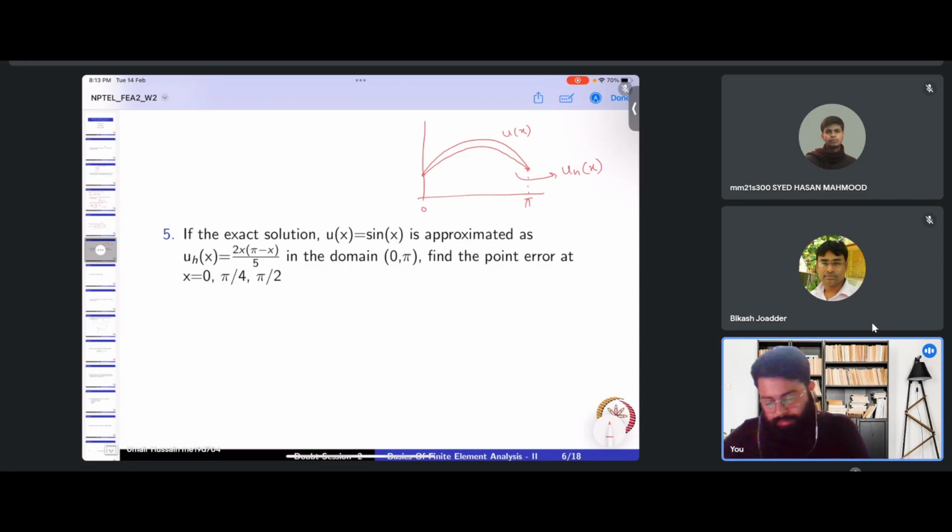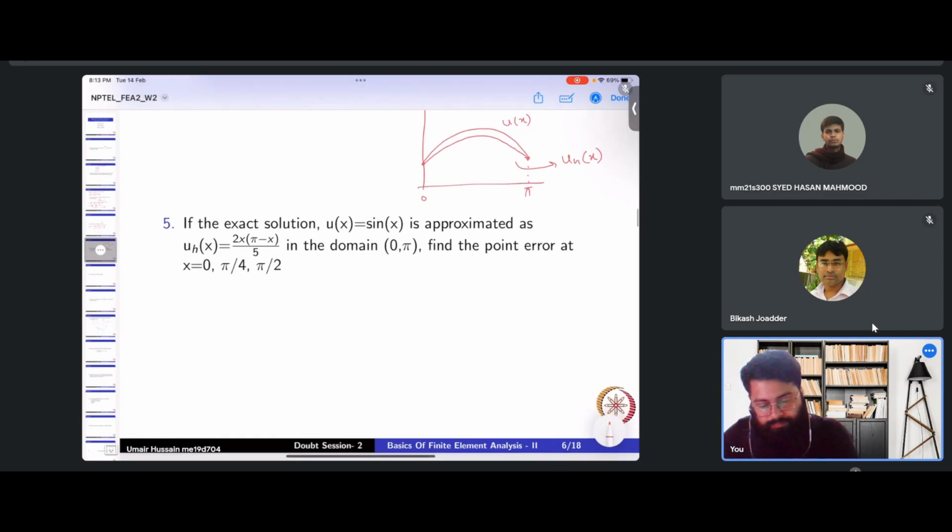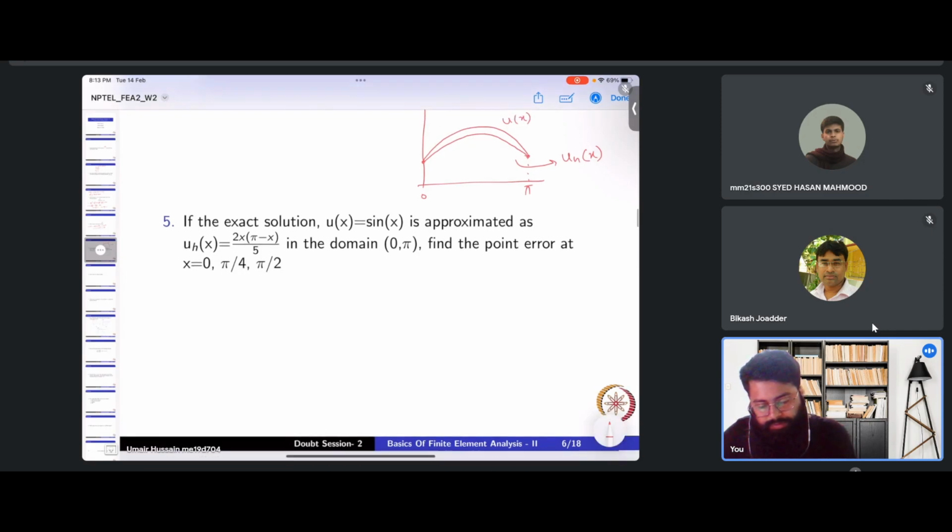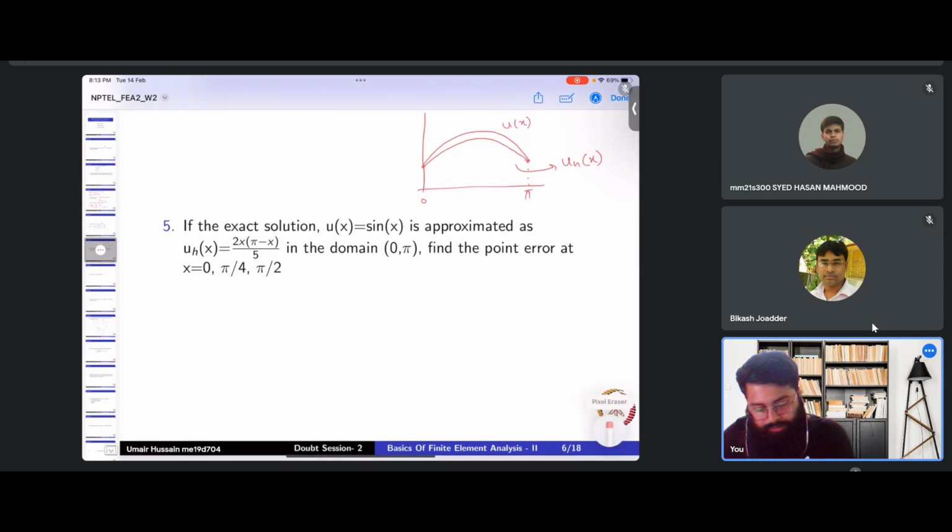So can we find point errors here? At x equals 0, pi by 4 and pi by 2. So we'll start with x equals 0.